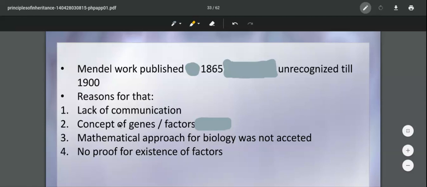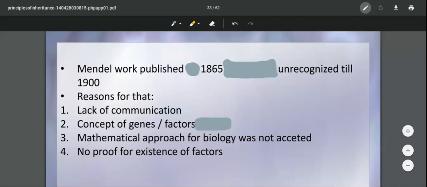Second reason was that many of his contemporary and fellow scientists did not accept this concept of genes and factors just because they could not imagine and they could not see what a gene and factor is, and Mendel could not show them what an actual gene and factor was that he was talking about. And also, he had no proof for the existence of factors at that time.